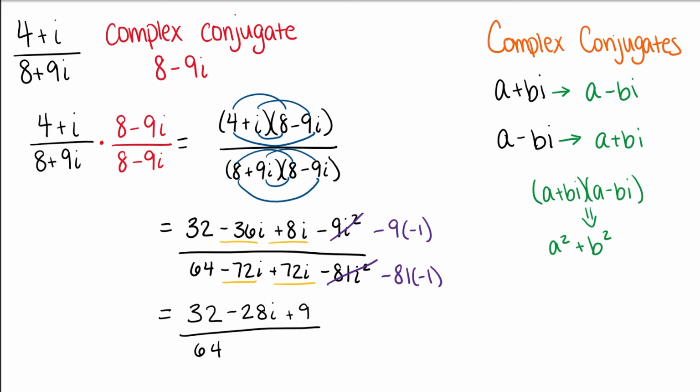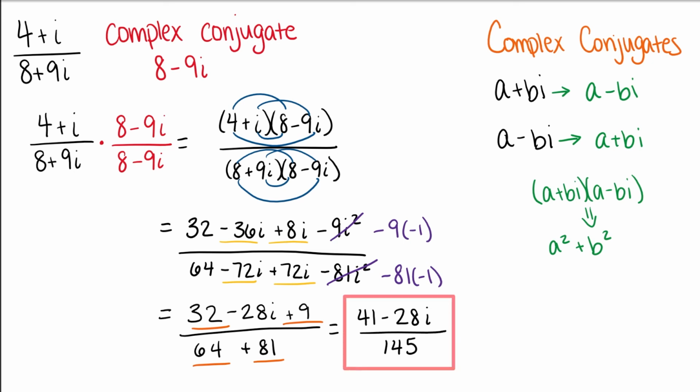Negative 72i plus 72i is 0, plus 81. Now 32 and 9 are like terms, and 64 and 81 are like terms. So this expression becomes 41 minus 28i over 145, and that's our final answer.